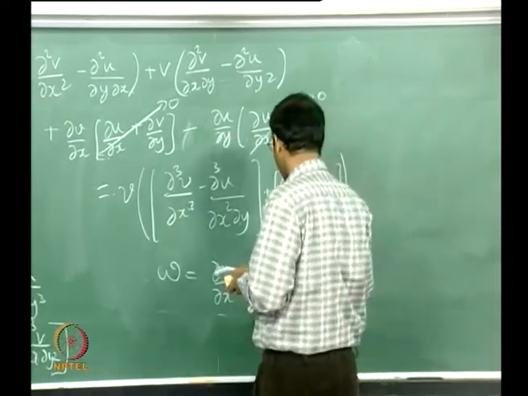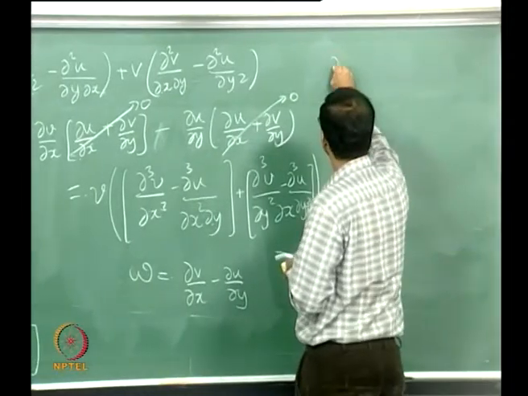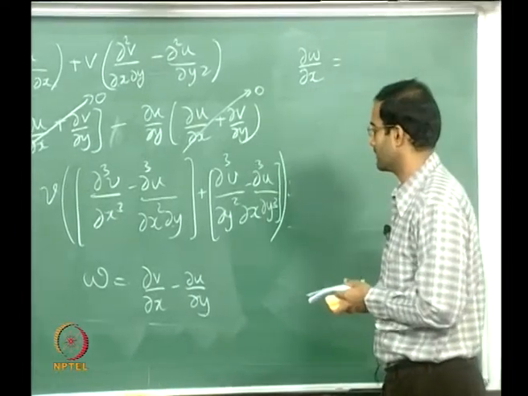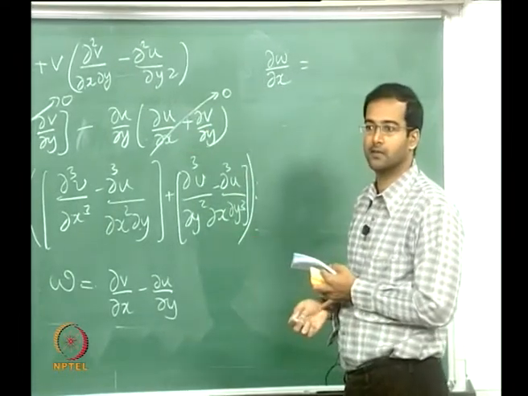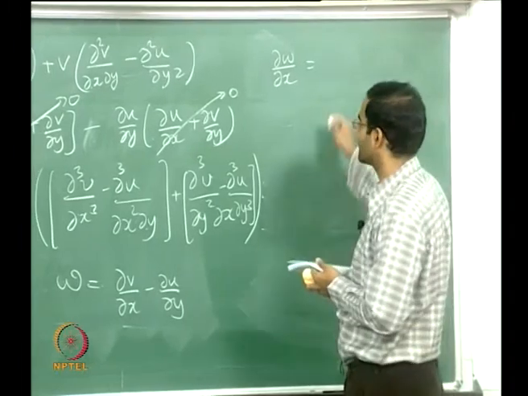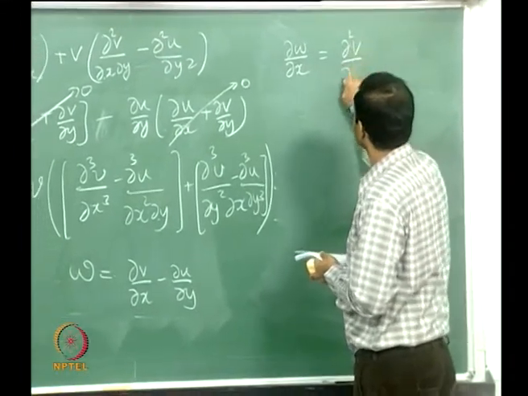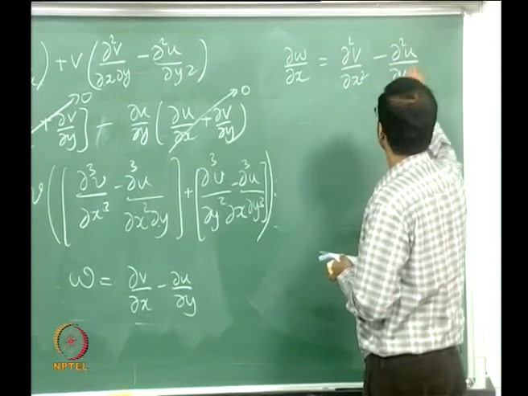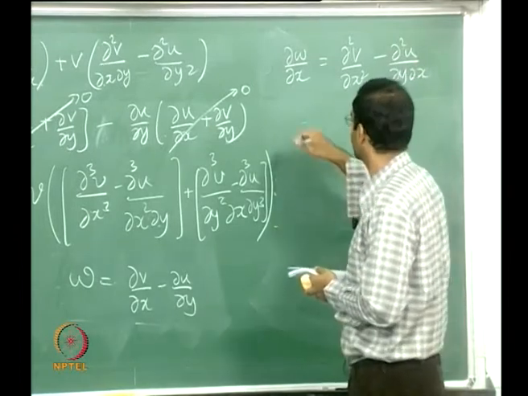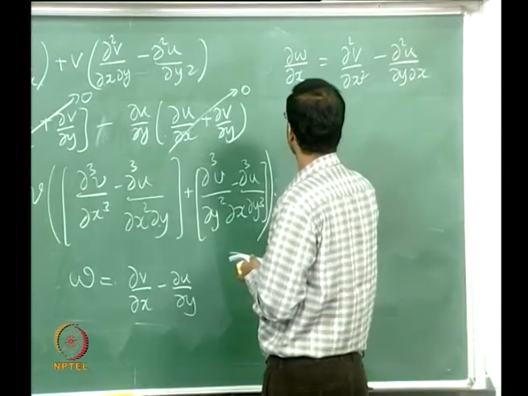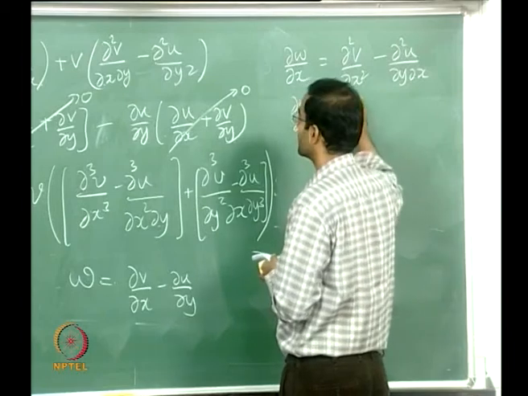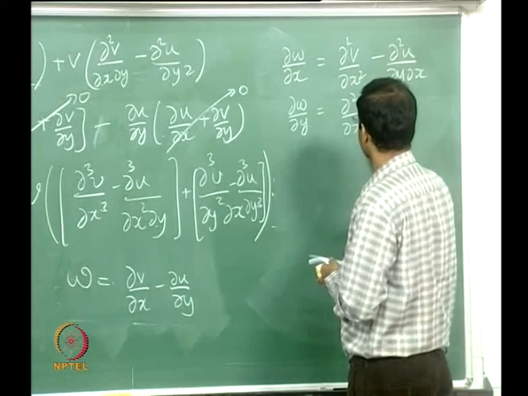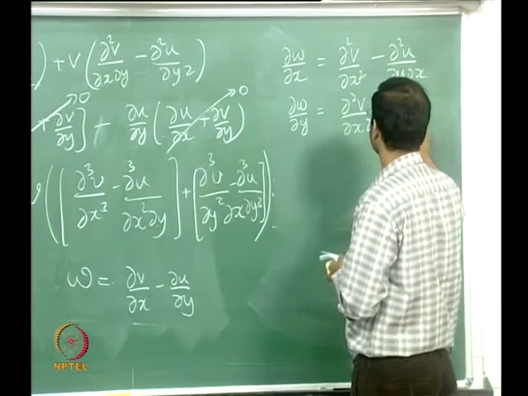So for example, if you now take the derivative of vorticity with respect to x, please tell me what the term should be. That should be exactly the first term on the spatial derivative term, right. So that is del square v by del x square minus del square u by del y del x. So d omega dy should be what, d square v by dx dy minus d square u by dy square.